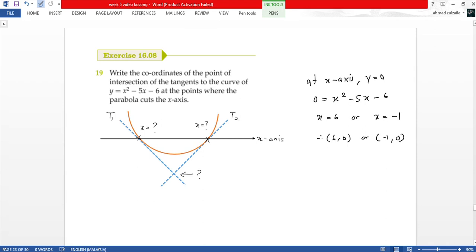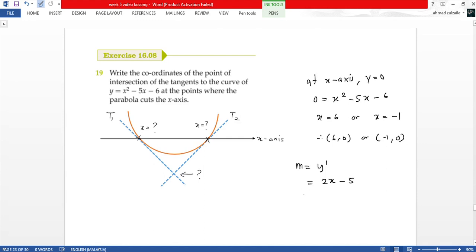So get the equation of the tangent first. m equals y prime, which is the derivative of the equation of the curve. Differentiate x squared becomes 2x, differentiate negative 5x is negative 5, differentiate negative 6 is 0.